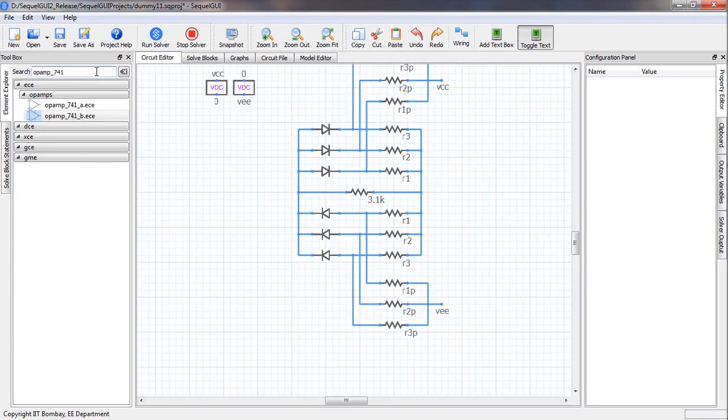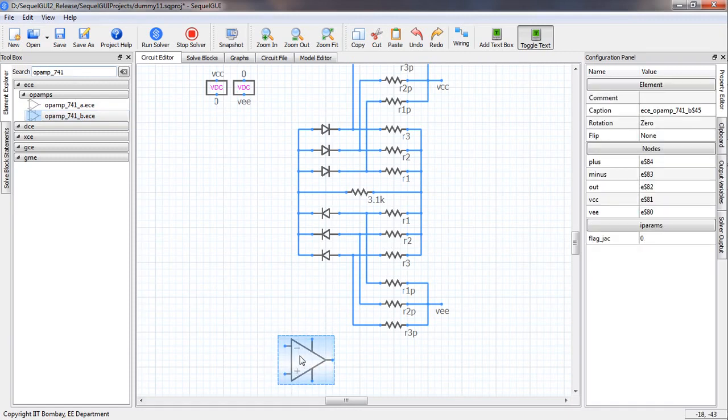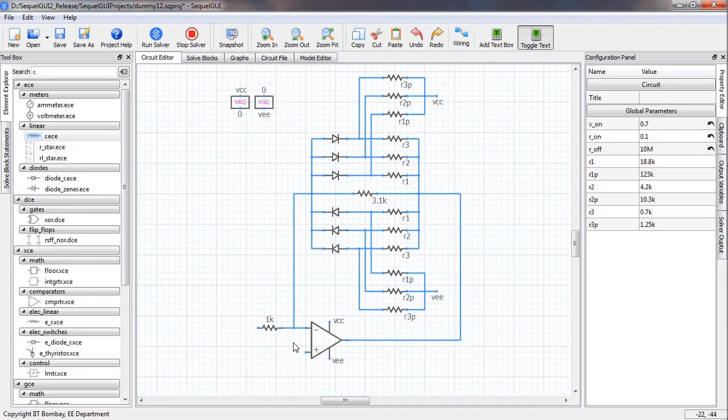Next, let us bring in the op amp. We will use the 741 op amp, and in particular let us choose the 741B. Now let us make connections with the rest of the network. This minus terminal must be connected over here, and the output terminal of the op amp must go over there. Okay, so this is what it looks like.